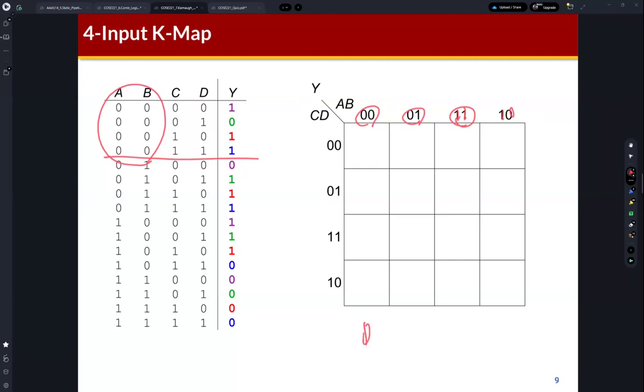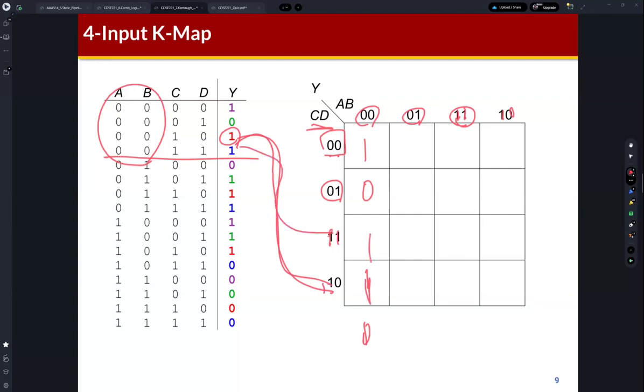Then it's 1 0 and this is 1. Also, if you look at the CD column, you can find that this is 0 0, 0 1, 1 1, right? So this is 1 and then this is 1.